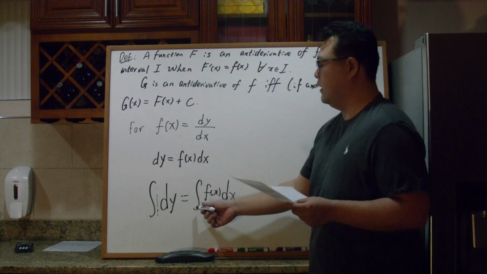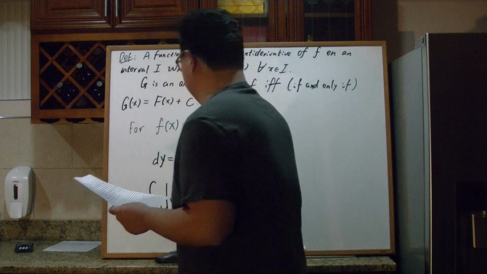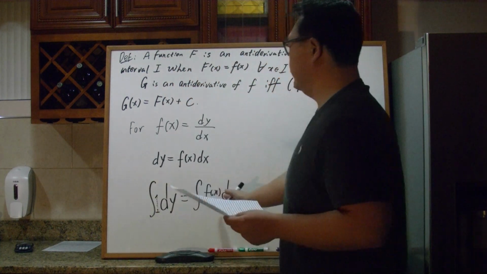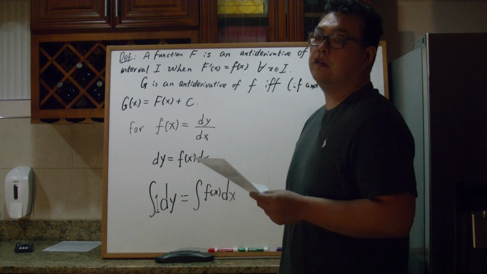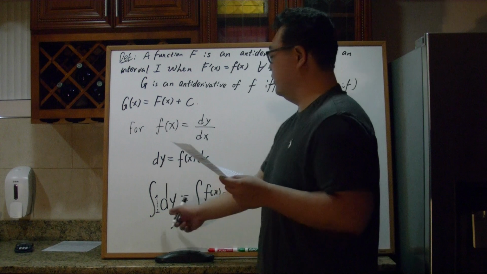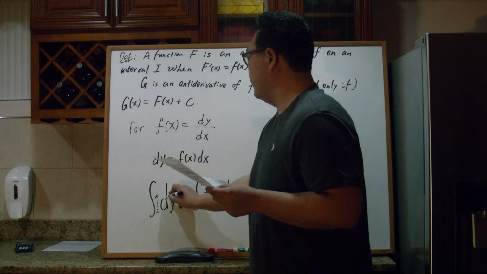And we have the integration of f of x with respect to our variable x. So the d something is the variable we integrate with respect to.